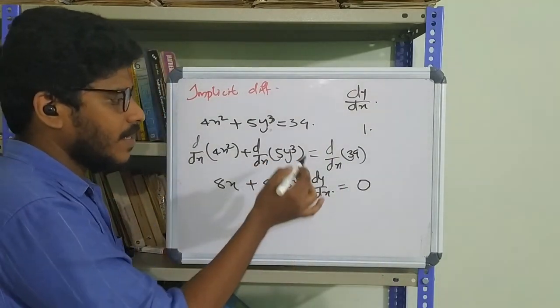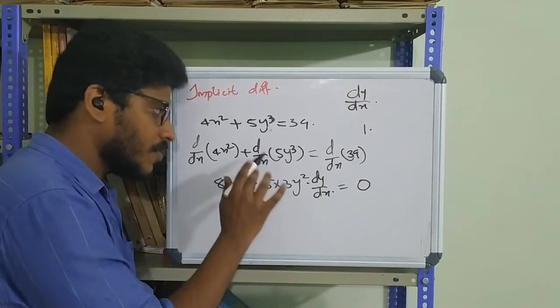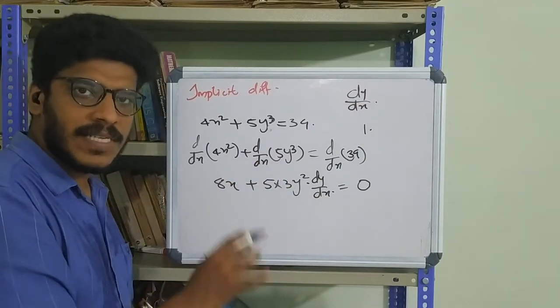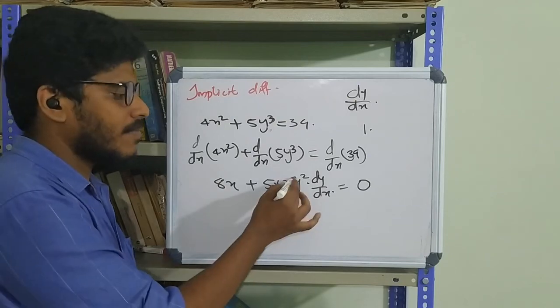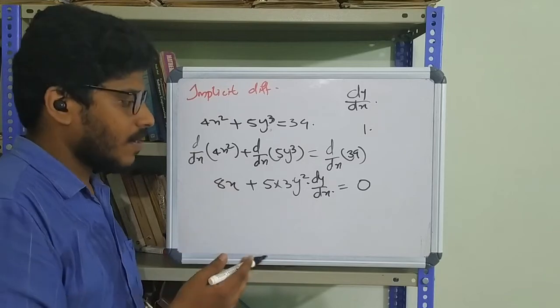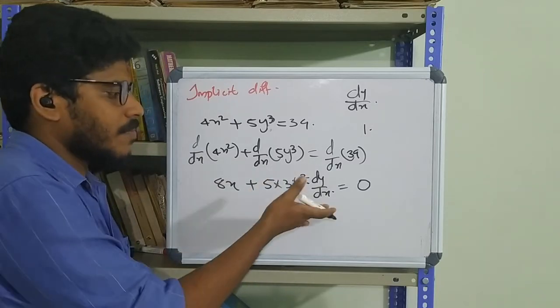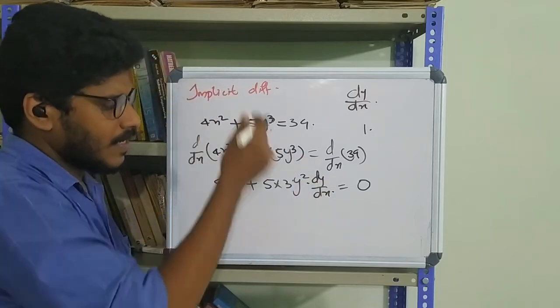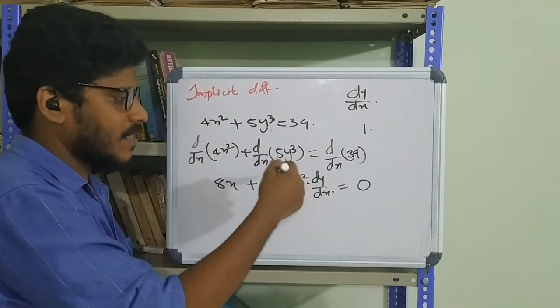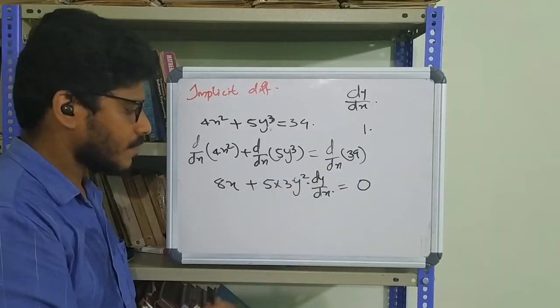See, whenever we have a y, we have to write dy by dx. Remember that. We are actually using the chain rule. If you don't remember that, whenever you have a y, write a dy by dx. But if you fail to remember that, at least keep in mind that whenever you have a y, just differentiate it and designate it with dy by dx.